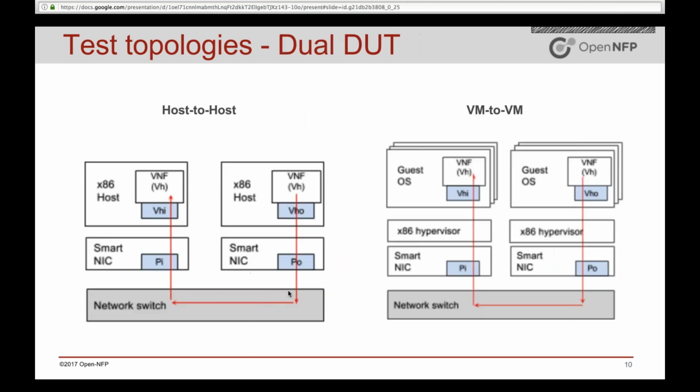Next slide, please. Here are the dual device under test scenarios where the VM to VM case is currently being mostly tested. There's a lot of people that would like to do testing in cloud data center environments, and that have a lot of east-west traffic in the data center.